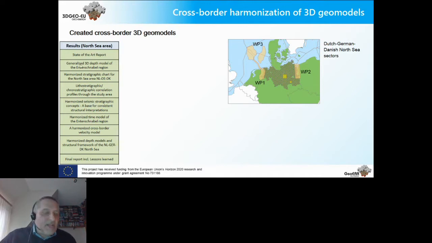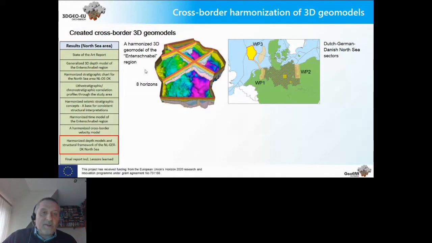For example, you have to start to cover the state of the art in the region, what's already there. You have to harmonize stratigraphy. You have to harmonize seismic stratigraphic concepts, but also create a harmonized cross-border velocity model before you then finally come to a harmonized 3D geomodel of this Entenschnabel region here in the North Sea, marked in yellow. It consists of 8 horizons, also from the Upper Permian to the Cenozoic.